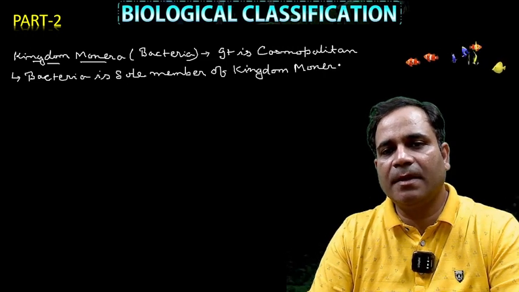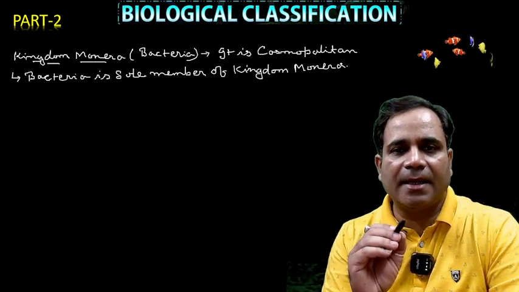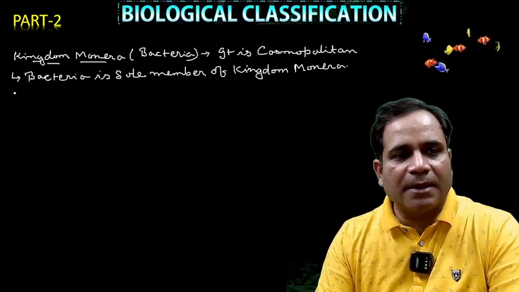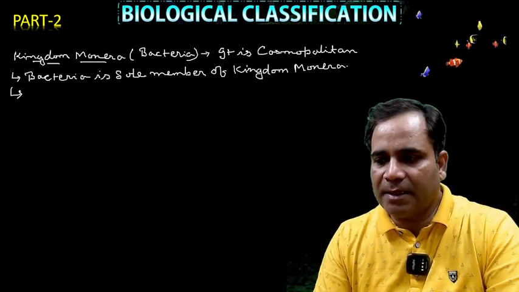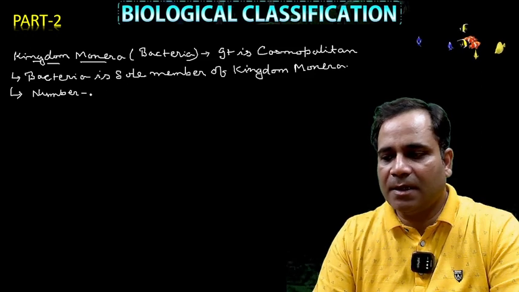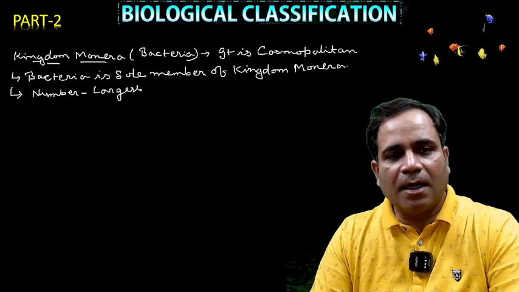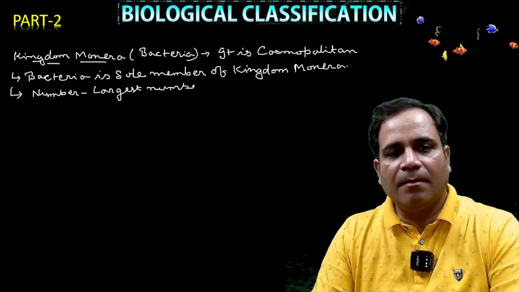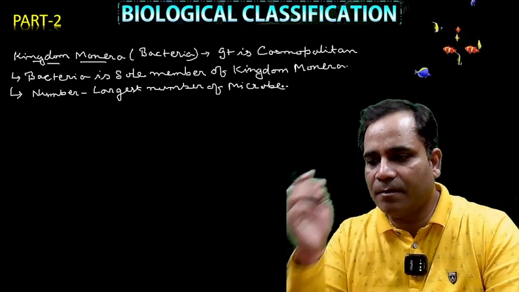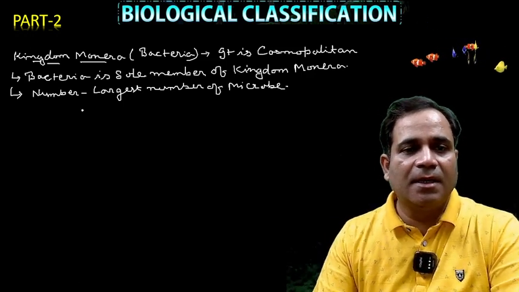What is the meaning of sole member? अकेला, है ना? तो किंगडम मोनेरा के अंदर बैक्टीरिया सबसे सोल मेंबर आता है, यानी सबसे अकेला यही मेंबर है। जब हम लोग बात करते हैं बैक्टीरिया के बारे में, we already know that number, if we talk about the number of bacteria, तो नंबर क्या है बेटा? आप जानते हो, largest number. What I am saying? Largest number of what? Microbes, my dear. Microbe means the organisms which cannot be seen with our naked eyes. So largest in number. Okay.